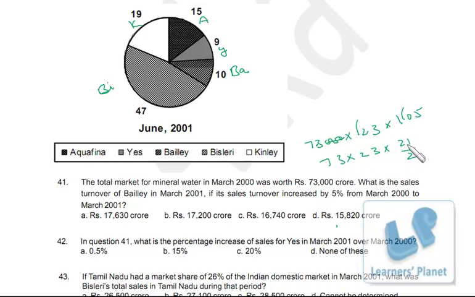Now this is 10 plus 0.5, right? So 73 into 10, 730, and half of 73 will be something around 37, right? So 730 plus 37, around 767, or we can say 765 into 23. Okay?